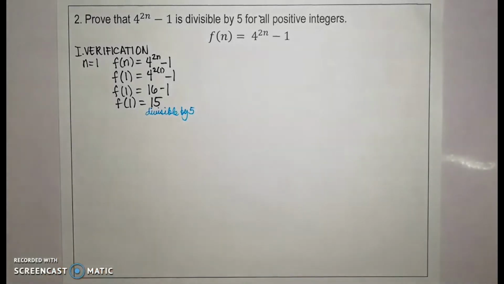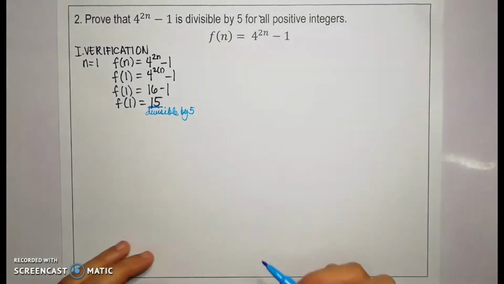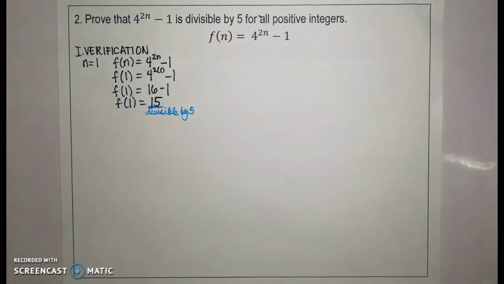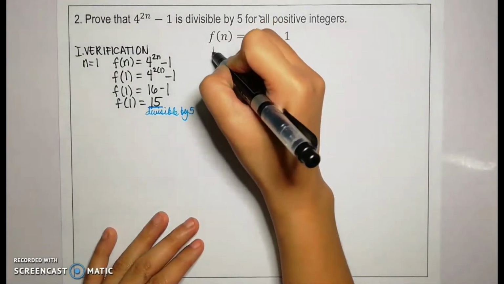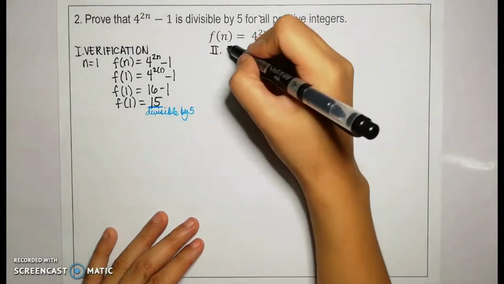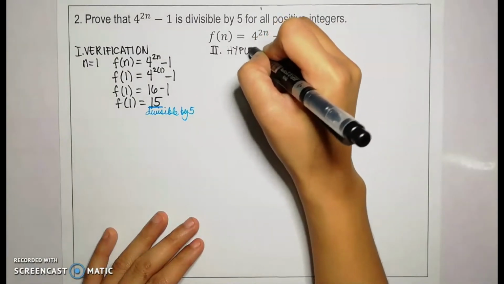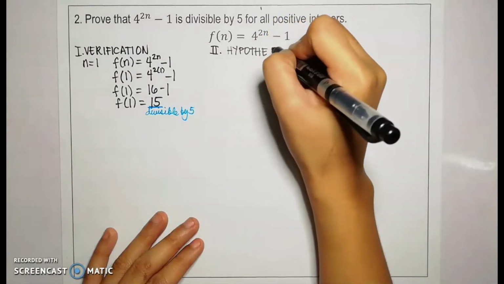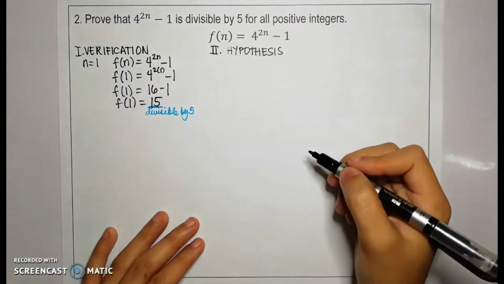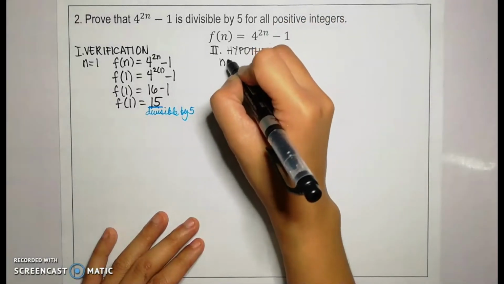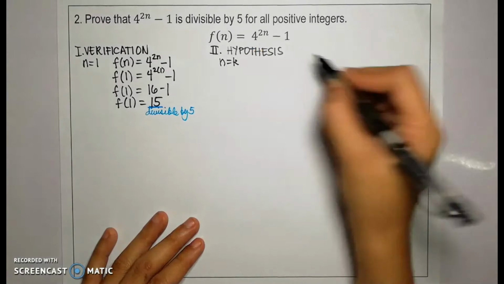After we have verified that it is divisible by 5 for n equals 1, we need to do the hypothesis. For the hypothesis, we will replace the value of n with k. So we have n equals k.